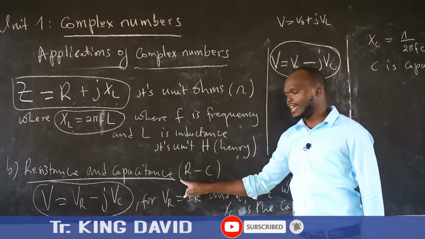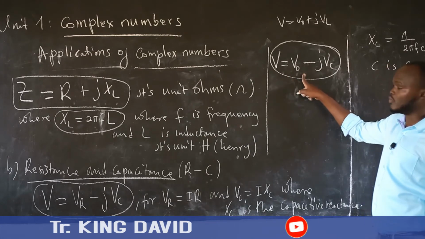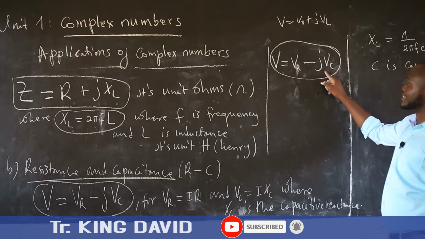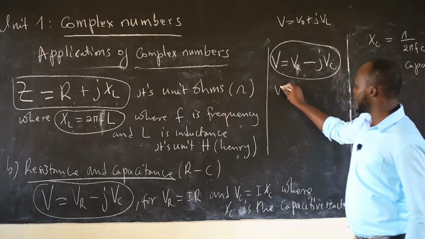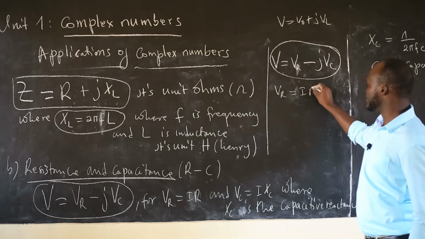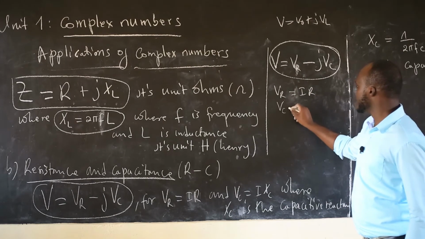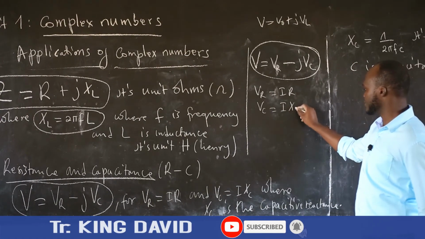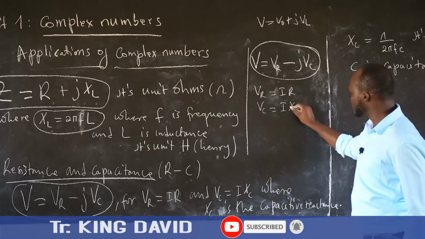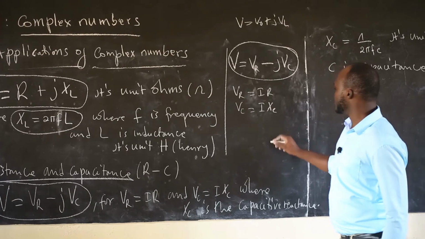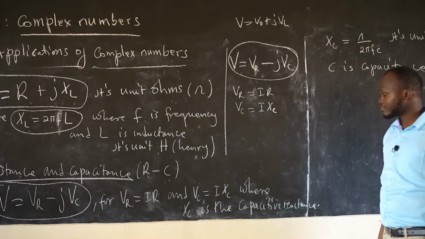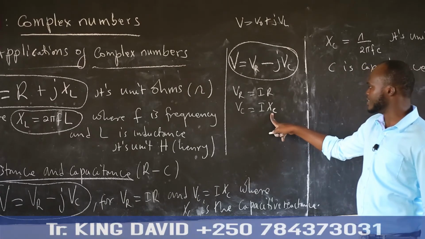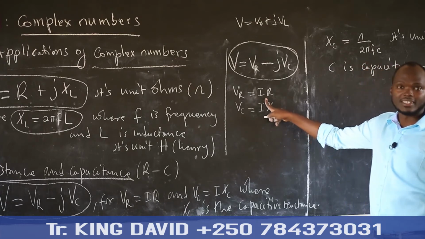Now for resistance and capacitance, it is V equal to VR minus jVC, where VR is current times the resistance, and VC is the current times the capacitive reactance, which is XC.